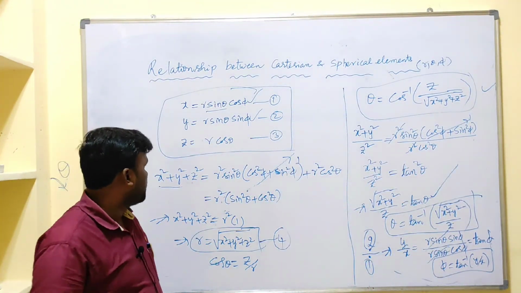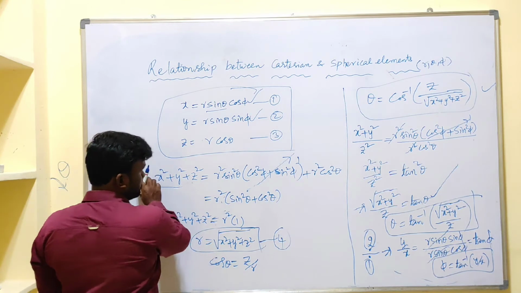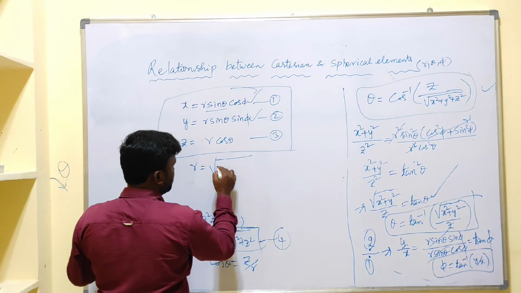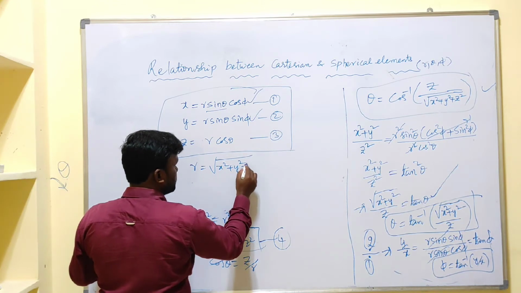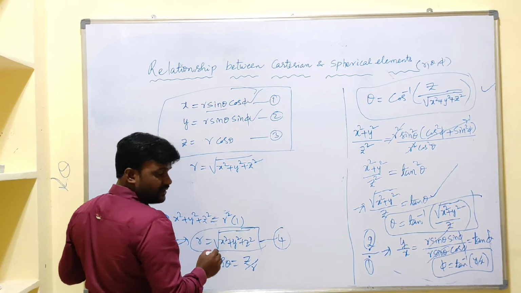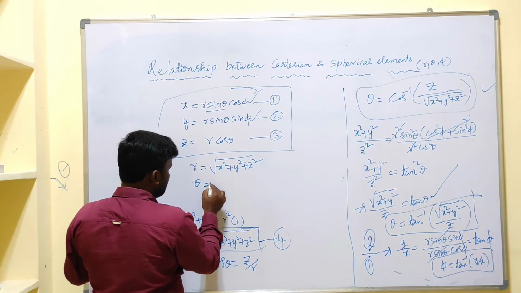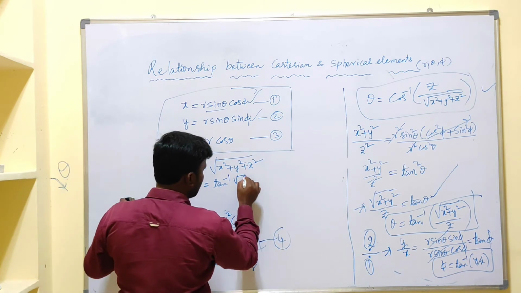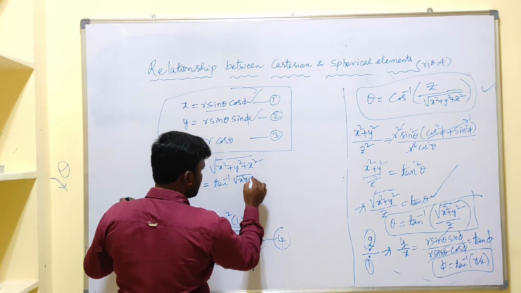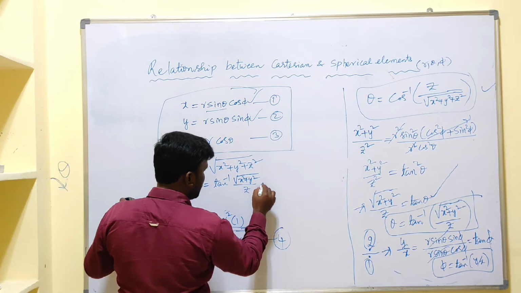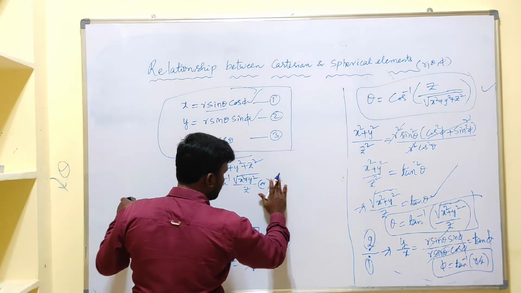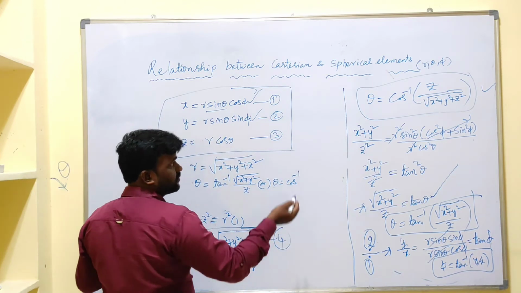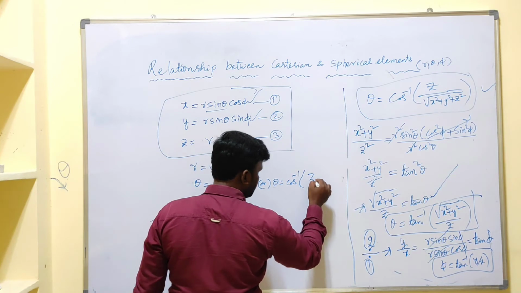So here I derived r as r equal to under root x square plus y square plus z square, and theta equal to tan inverse of under root x square plus y square by z. In terms of cos, theta equal to cos inverse of z by r.